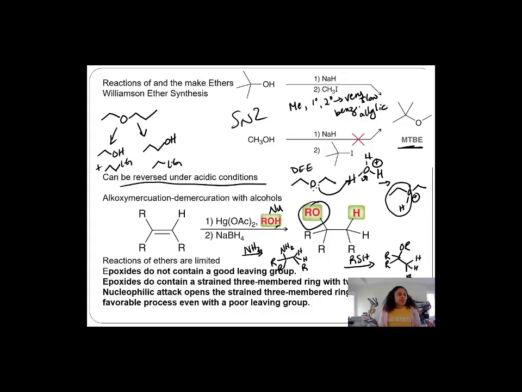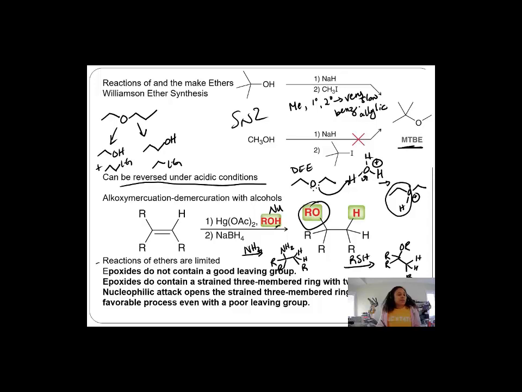So pretty much whatever we use for an alcohol in this Markovnikov, whatever we use to make the alcohol like water, we can replace it with any nucleophile as long as it has a hydrogen to do the same thing.